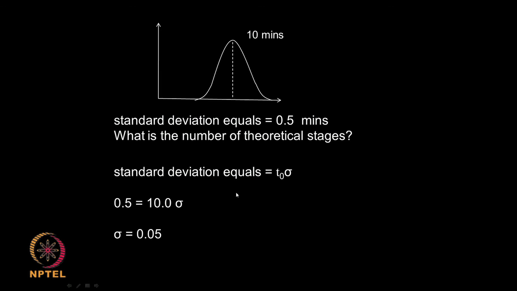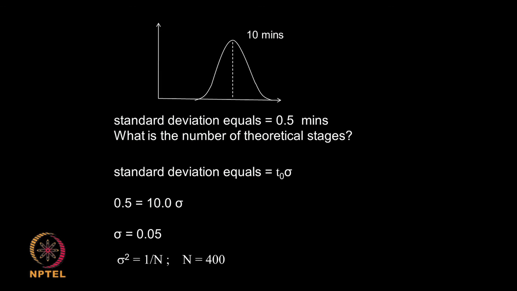So, as you know, there is a relationship sigma square is equal to 1 by n, so n is equal to 400. So, n is the number of stages or number of theoretical plates of that particular chromatographic column, and I also mentioned if n is large we can say the efficiency of separation is large, when n is small efficiency of separation is small.